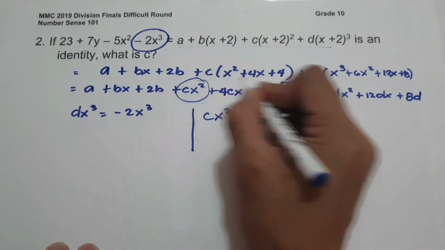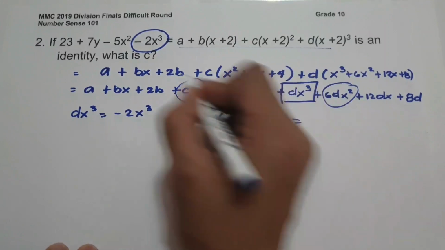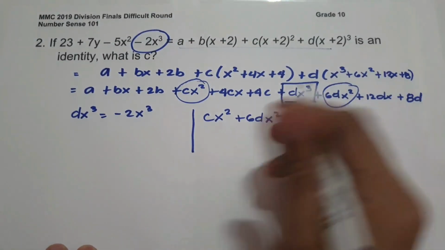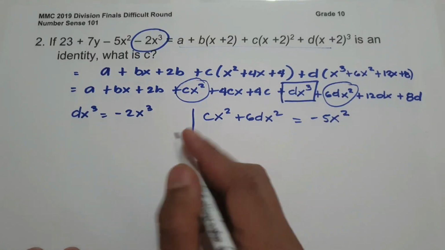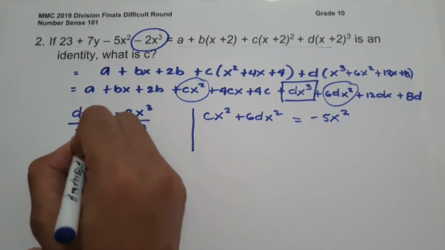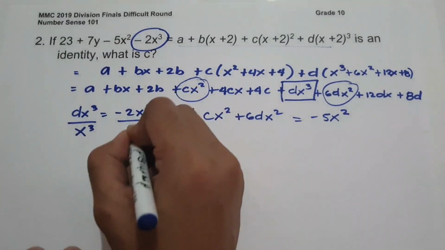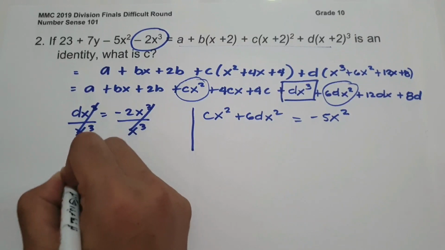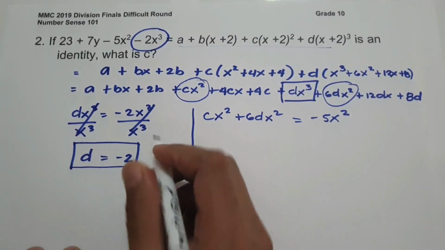So this one is equivalent to negative 5x squared. So let us simplify this one. Let us have x cubed. So divide both sides. Let us cancel this one. So d is equivalent to negative 2.